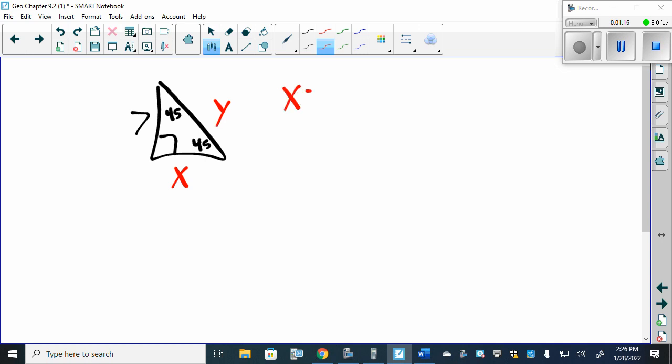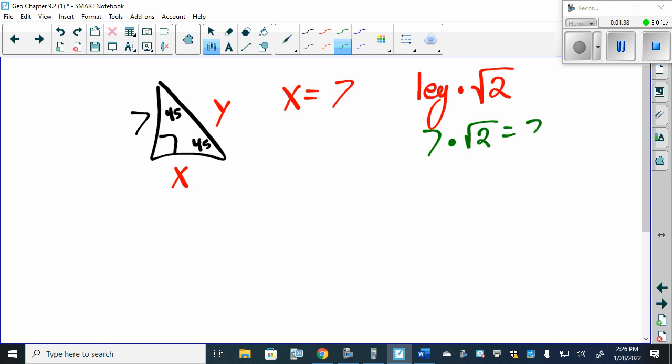So x in this case would be 7. Now, to get the hypotenuse, we took the length of the leg and multiplied it by square root of 2. So in this case, the length of the leg is 7, and we multiply it by the square root of 2, getting 7 square root of 2. So the value of y here is 7 square root of 2.